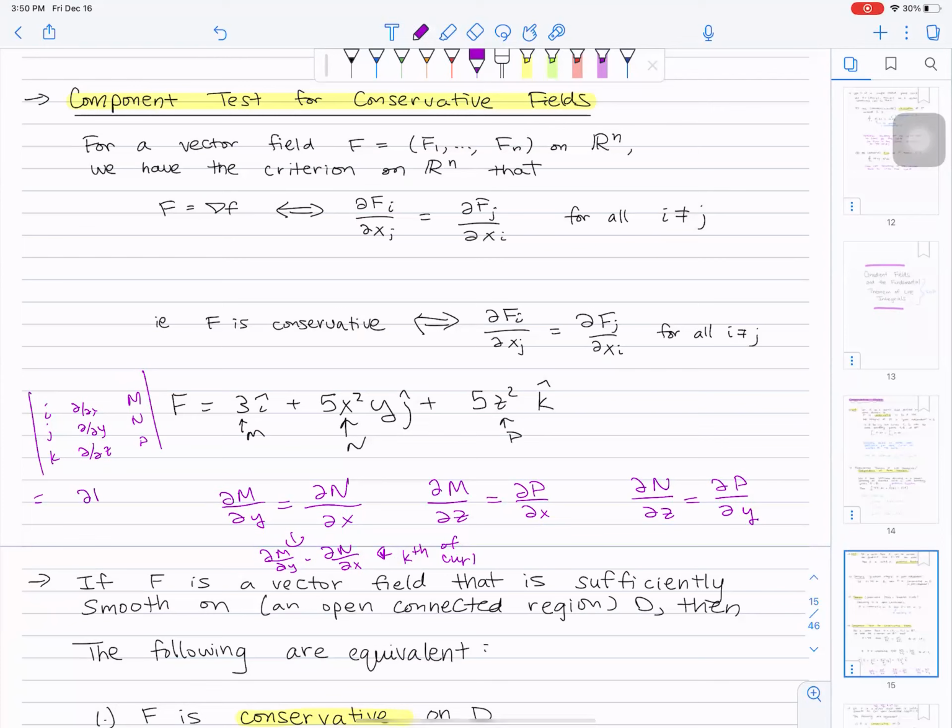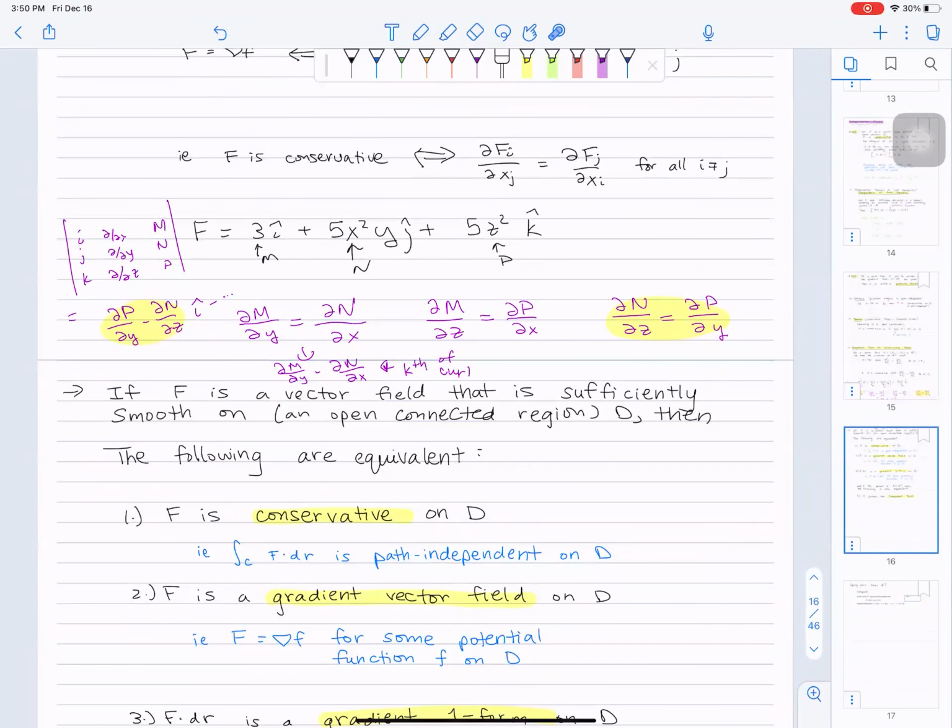For example, this is the i-th component minus the j component, plus the k component, and see how it's exactly this. In other words, to get a gradient, a conservative field, we set the curl equal to 0, 0, 0. So this equals 0 means the partial of N with respect to z equals the partial of P with respect to y.